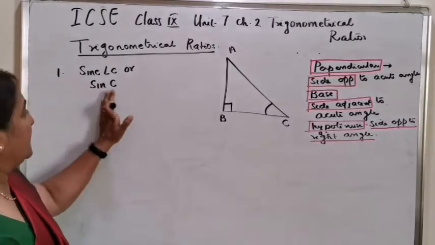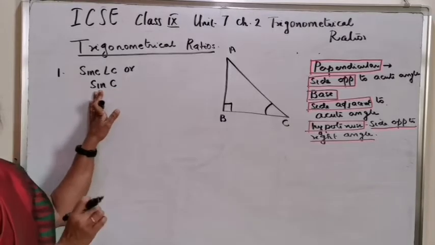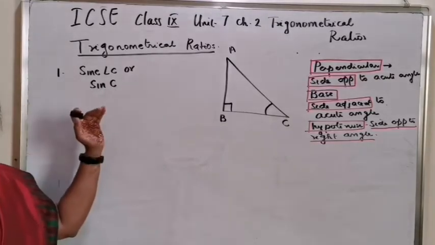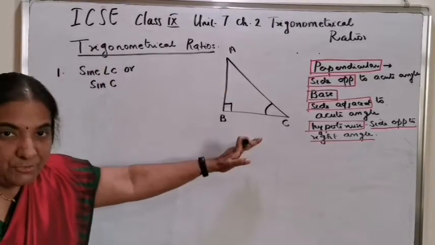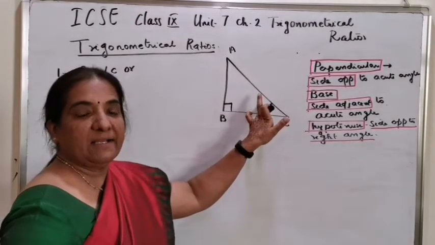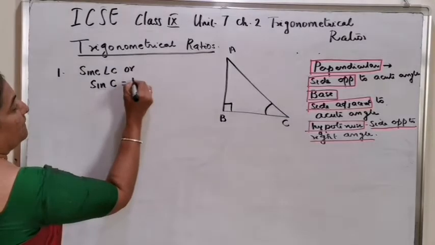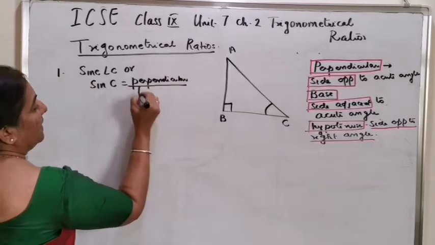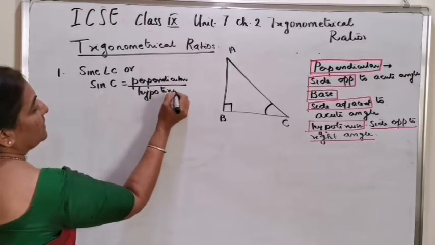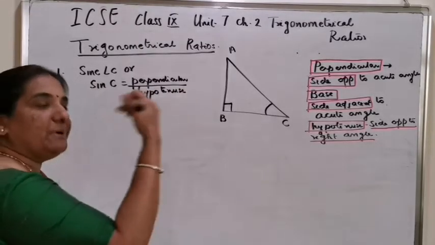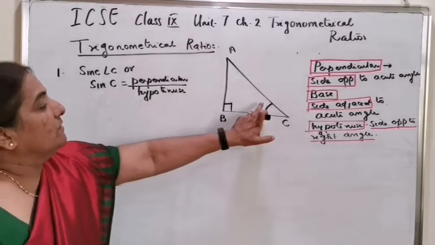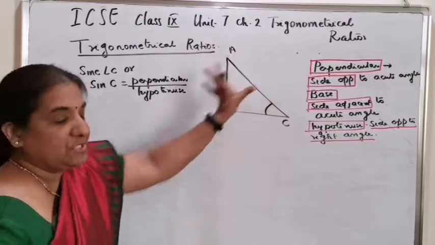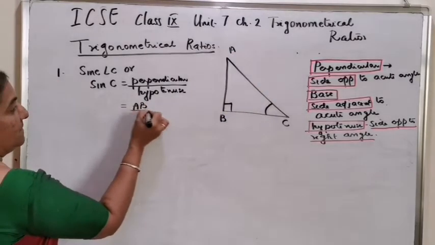The sine ratio is always the opposite side to the angle by the hypotenuse, and the opposite side for angle C you call perpendicular. So the ratio of sine is perpendicular by hypotenuse, and for angle C, the perpendicular is AB and the hypotenuse is AC. So in the figure it is AB by AC.